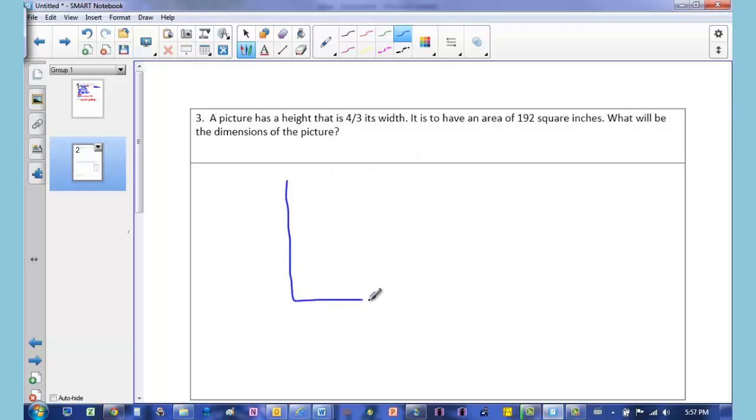A picture in the form of a rectangle. So if this is the width, the height is 4 over 3 its width. Now this picture has an area of 192 square inches. What is the formula for the area of a rectangle?